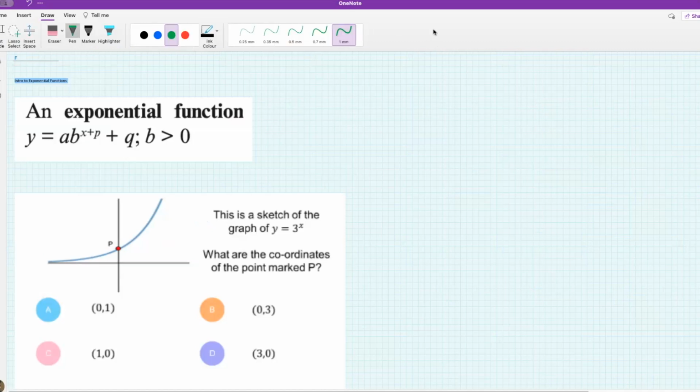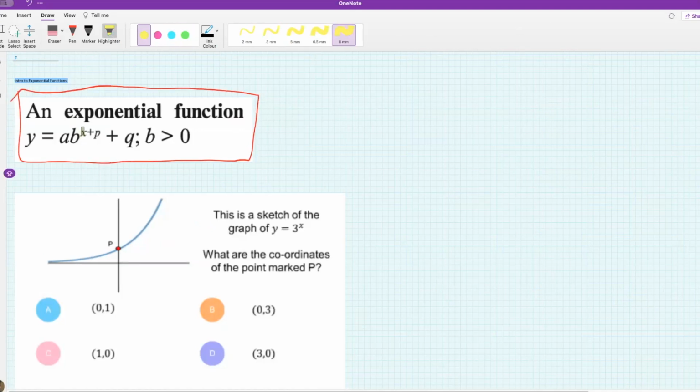So the exponential function, the standard form looks like this. And the biggest thing to notice is that the x is no longer on the ground. It's up in the air, floating away. And so the simplest exponential function often looks like this.